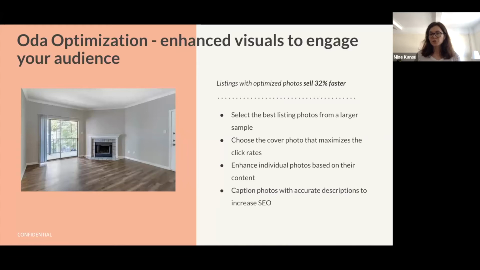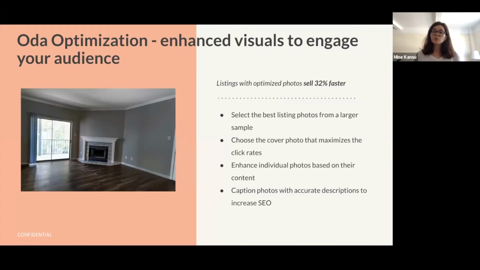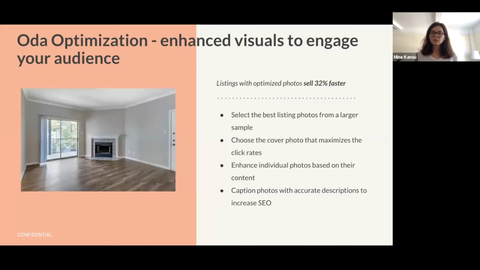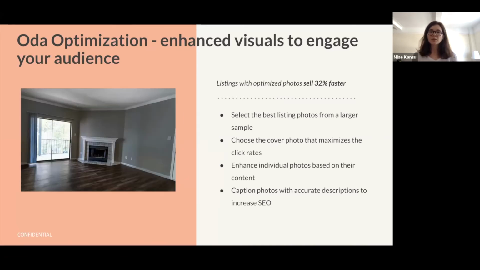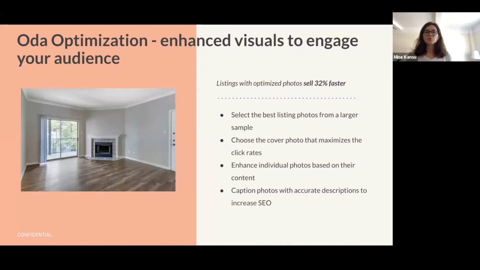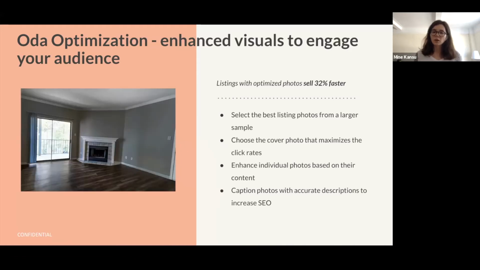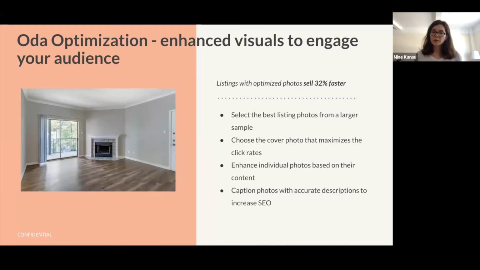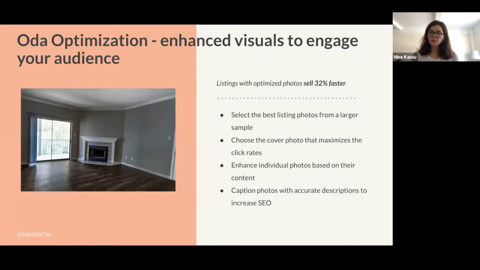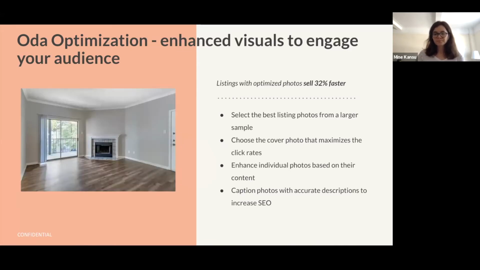Those types of recommendations we're also able to make, and also make the images look consistent across the entire listing. If that's a brand requirement or just a more complete feel for the visitor, we're able to provide that through our machine learning algorithms.